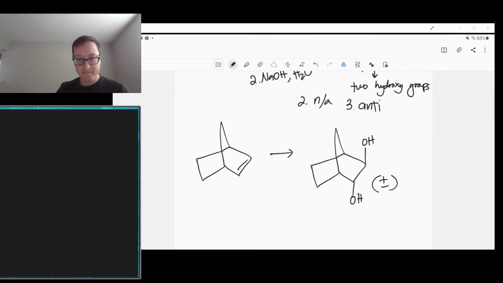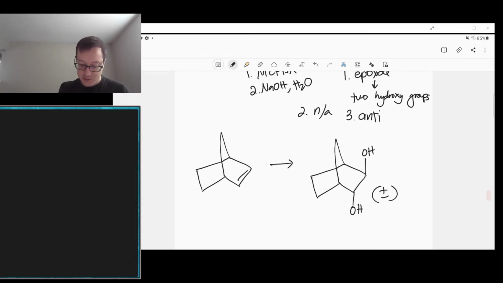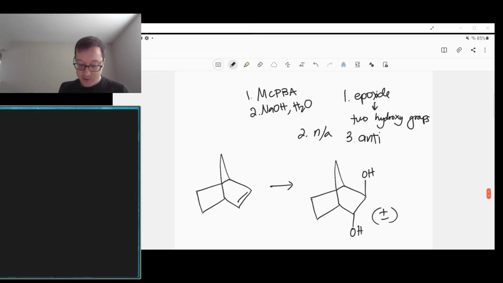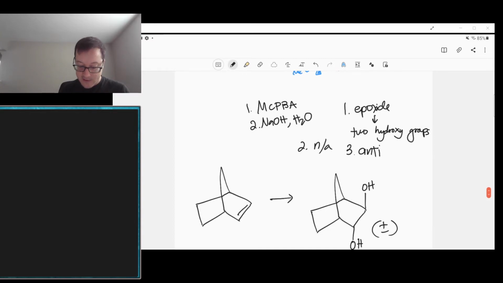Hooray. So it would be a very good idea, for all of the reactions we've learned, for you to take a look at the sets of reagents, figure out what they do, where they do it, and what the stereochemistry is.